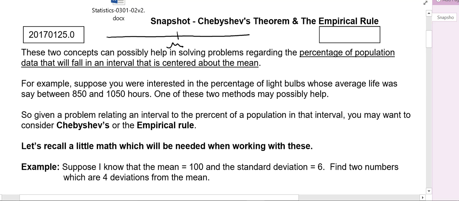You're either going to be given an interval that is centered at the mean, and you're trying to find the percentage of the population in that interval, or you'll be given the percentage and you'll be asked to find an interval that contains that percentage of the population. So that's what's going on here.